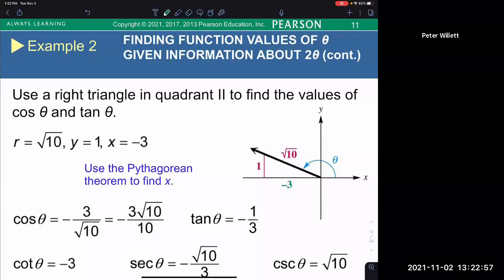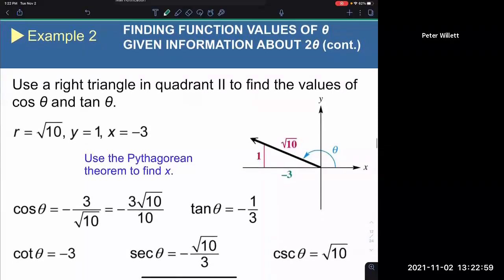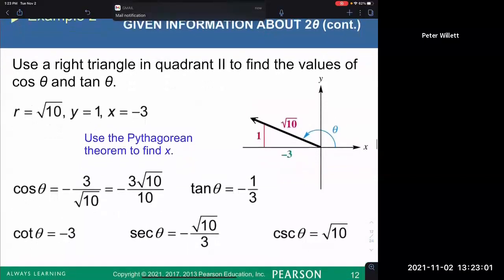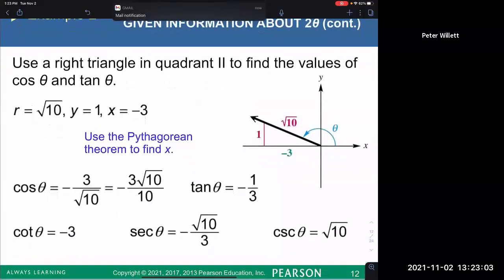Well, they're basically saying, here's our angle theta. So they're showing us the angle theta and drawing the line. And so we know that for that angle theta, the sine of theta is equal to the opposite divided by the hypotenuse of the reference angle triangle. So we have our reference angle triangle here.